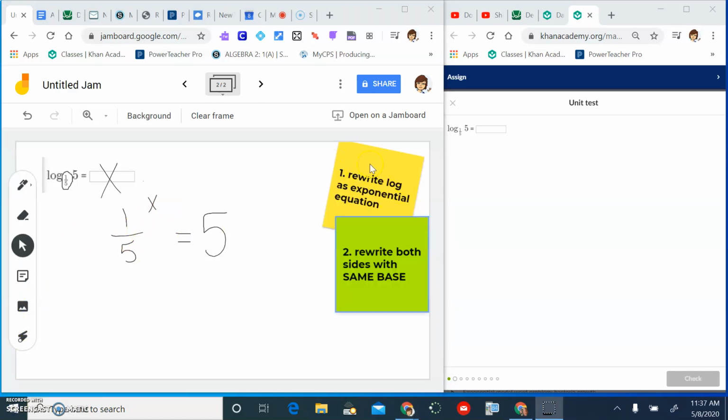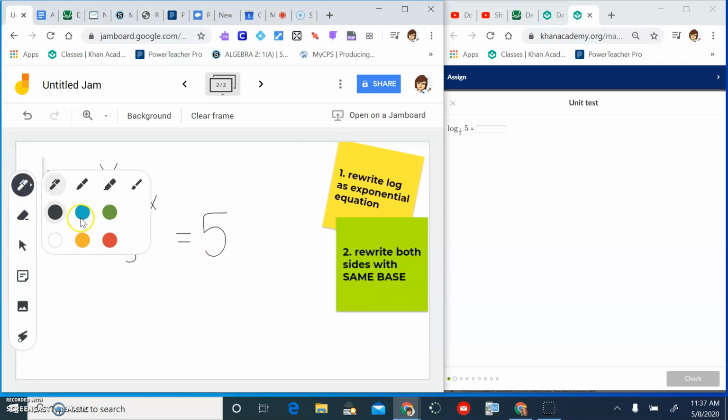So for step 1, we rewrote that logarithm as an exponential equation. And now we're going to do step 2, where we rewrite both sides of that equation with the same base. Well, right now, the right side is base 5, and it's just 5 to the 1. So we're going to try and rewrite 1/5 as a power of 5.